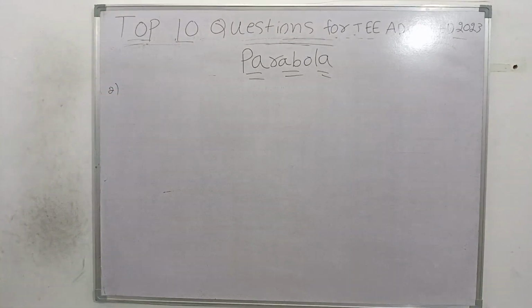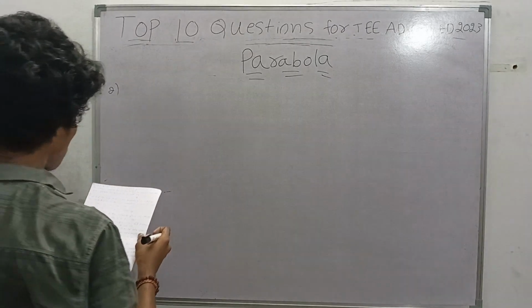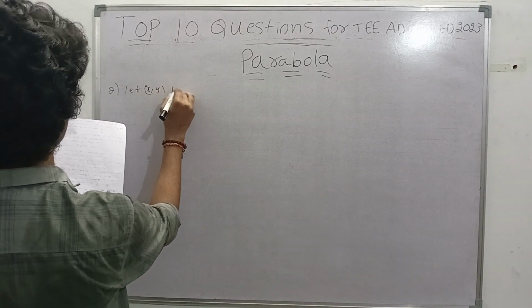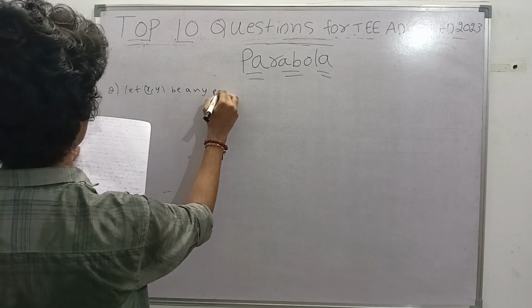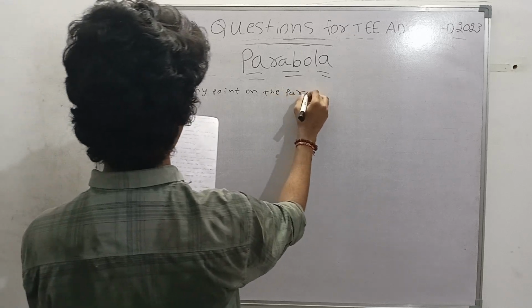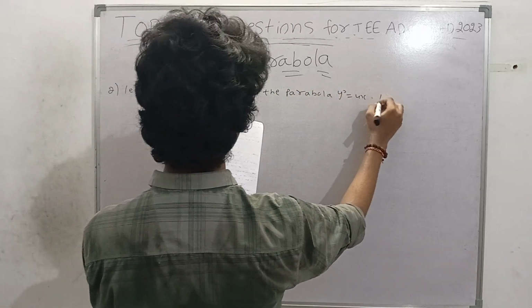Now second question. Let (x, y) be any point on the parabola y square equal to 4x.